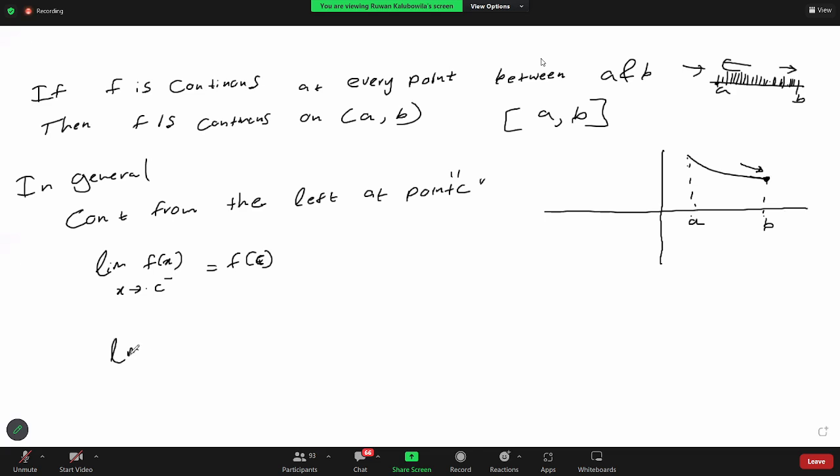As well, you can write the limit of f(x) when x approaches C from the positive end. Positive end means you are coming from this end. If this is equal to f(C), then and only then should this endpoint also be included in the full range.